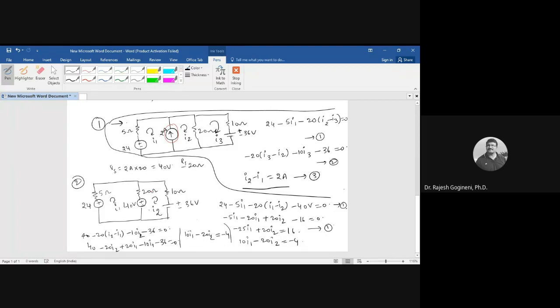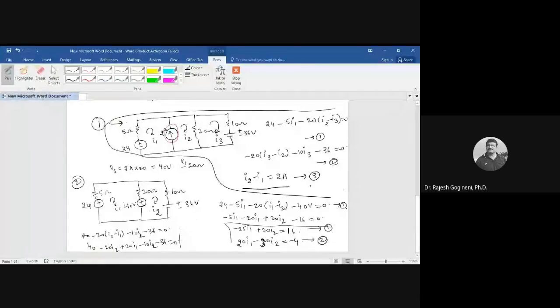This is I2, not I1. I think nobody is writing the equations. So this is I2, that means minus 30 I2. So 20 I1 minus 30 I2 is equal to minus 4. This is the second equation.